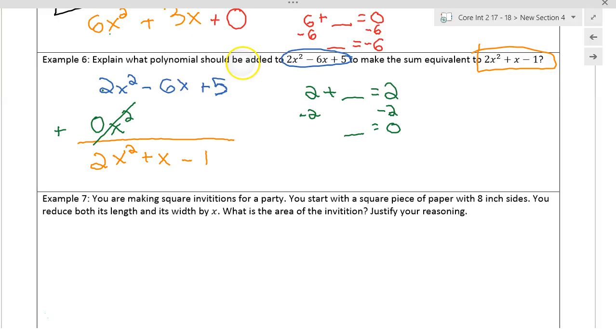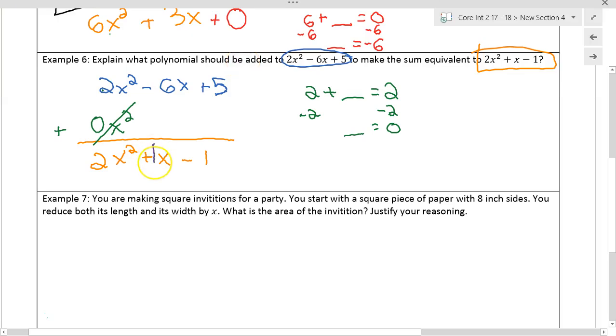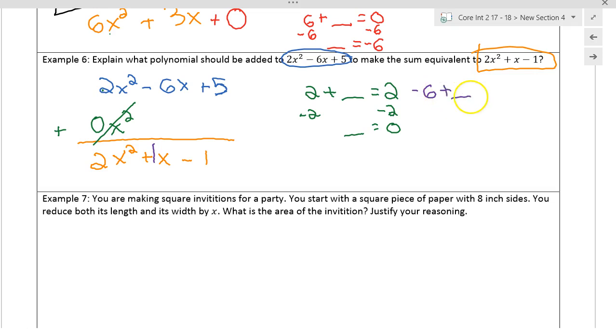Looking at our next piece, negative 6x, remember the middle term is a 1. Negative 6 plus something equals 1. I would just add 6. 1 plus 6 is 7. So I'm going to have a positive 7x. Negative 6 plus 7 equals 1.